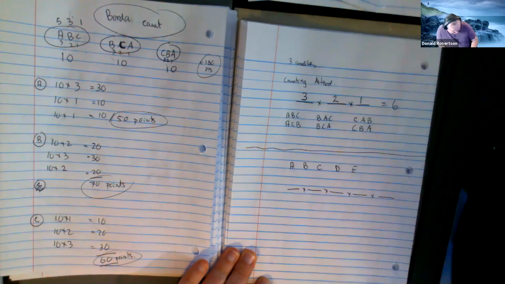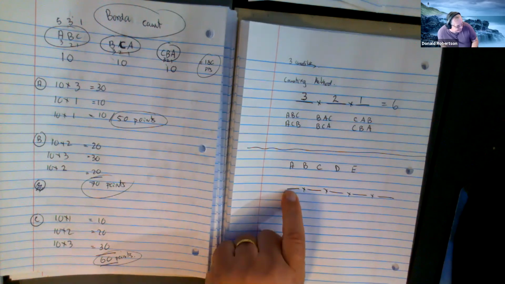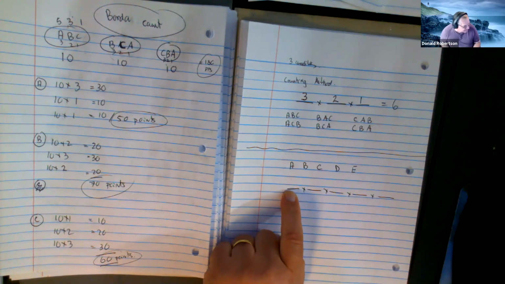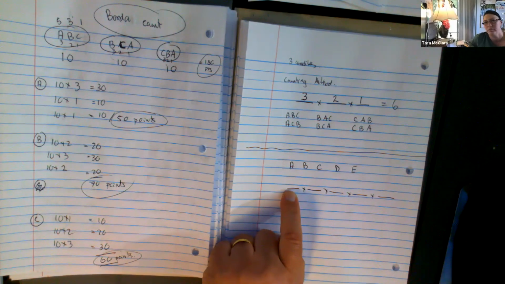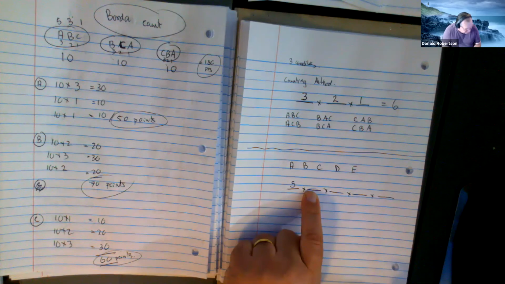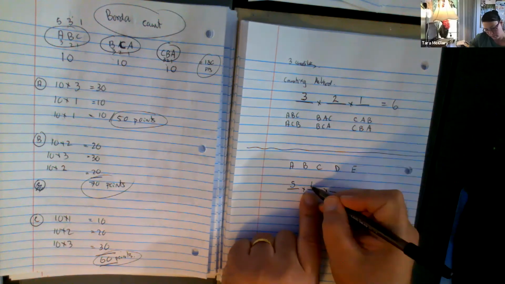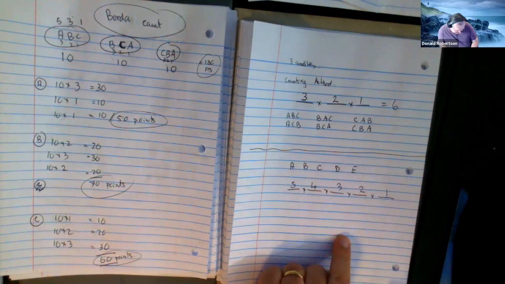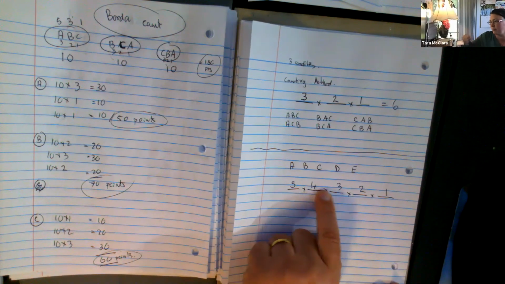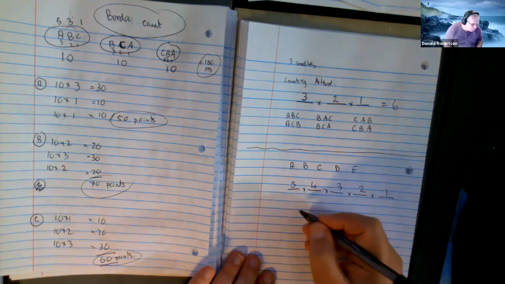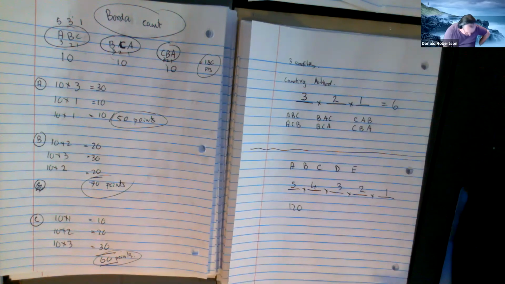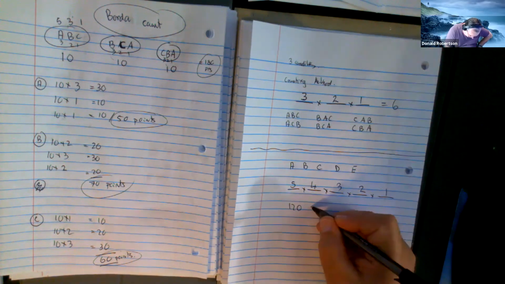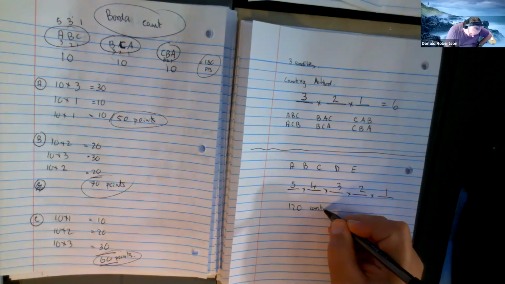How many for the first one? 5. Agreed. Once you've chosen, how many ways for the next one? 4. Then 3, then 2, then 1. And that gets you 120. Yeah, there are 120. I am not going to write them all down, right? But there are 120 combinations.